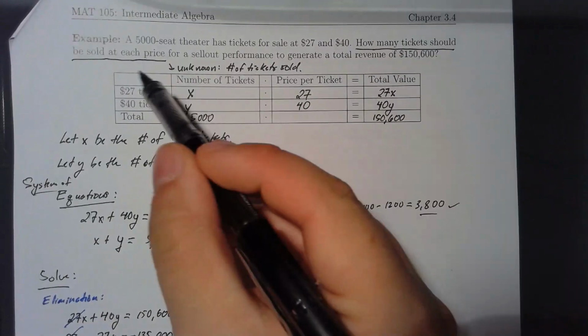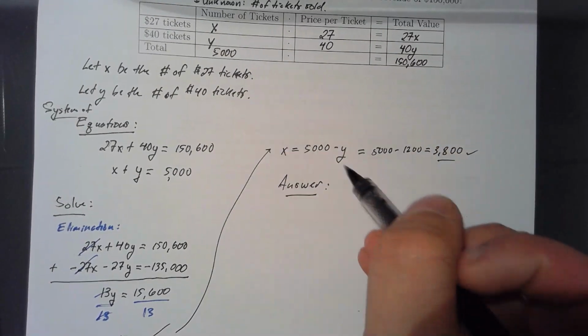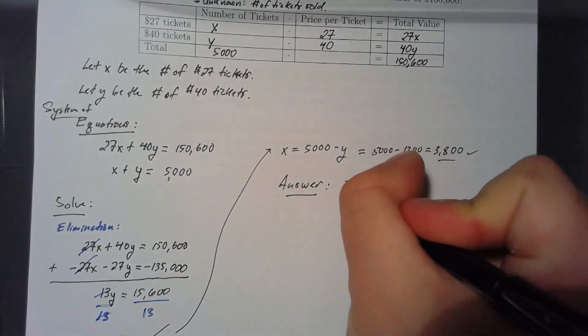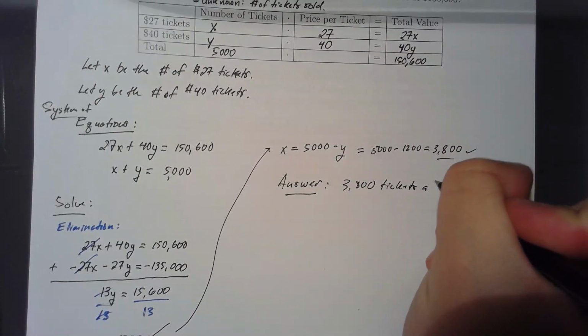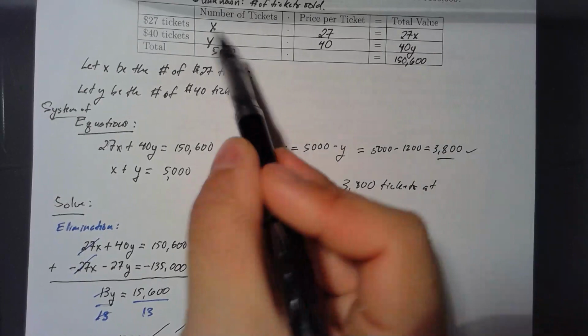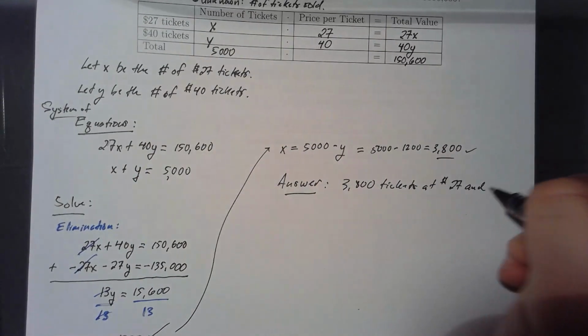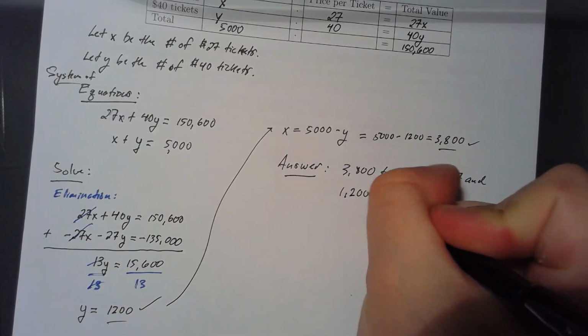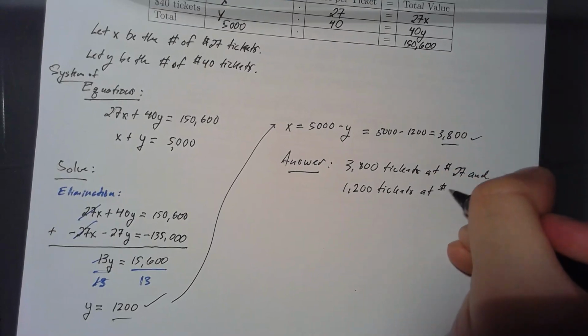So to answer the question, how many tickets should be sold at each price? Well, X was 3,800, so 3,800 tickets at $27, and 1,200 tickets at $40.